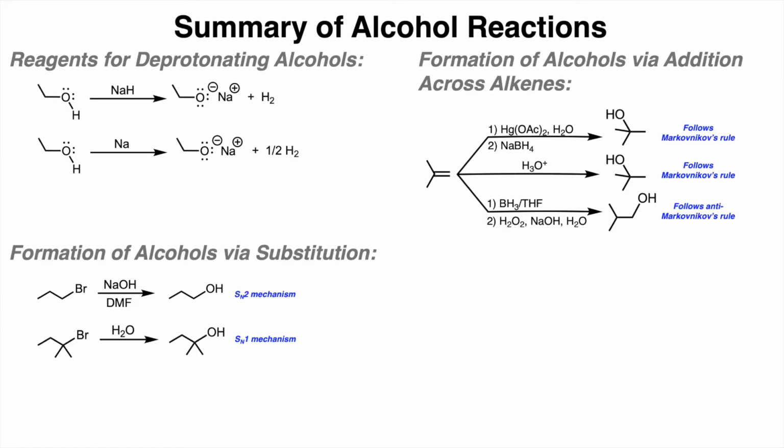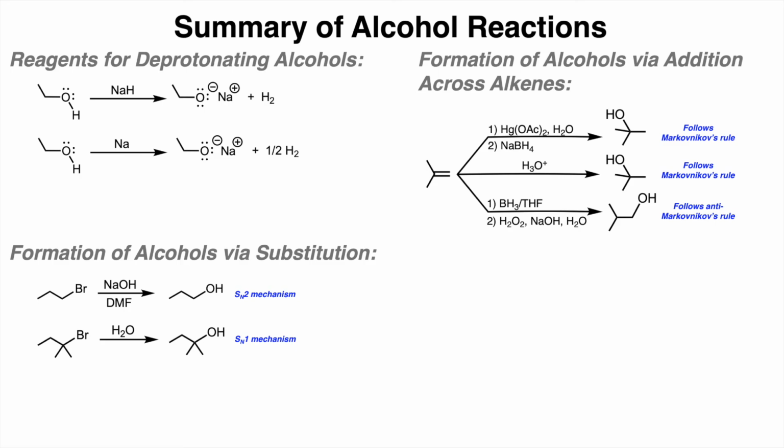So in summary, there are two reagents that you can use to deprotonate alcohols. You could use a strong base like NaH or a metal like sodium, lithium, or potassium to form an alkoxide ion, which then could be used as a strong nucleophile in a subsequent reaction.